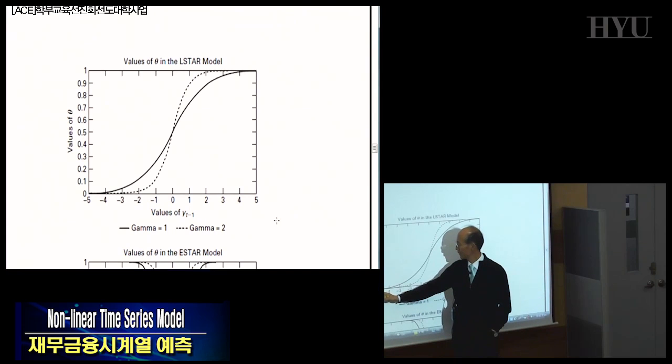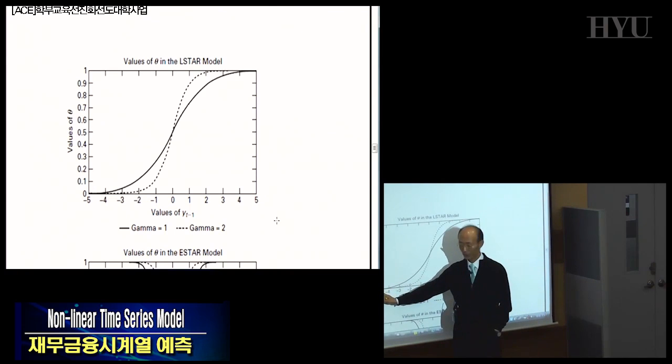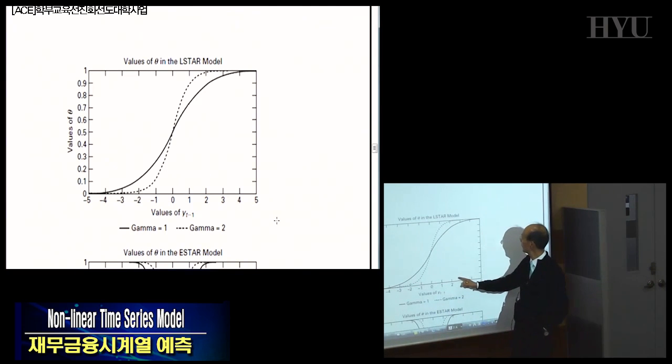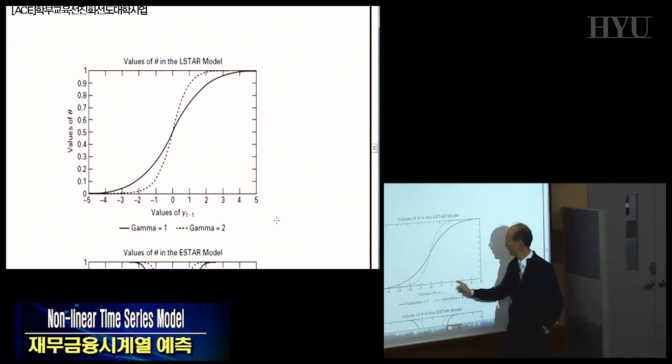So if x, the lagged value, is this small, then function f has value 0. If it is about this big, then the value is 1. If the previous value lies in between, then it's on this curve.